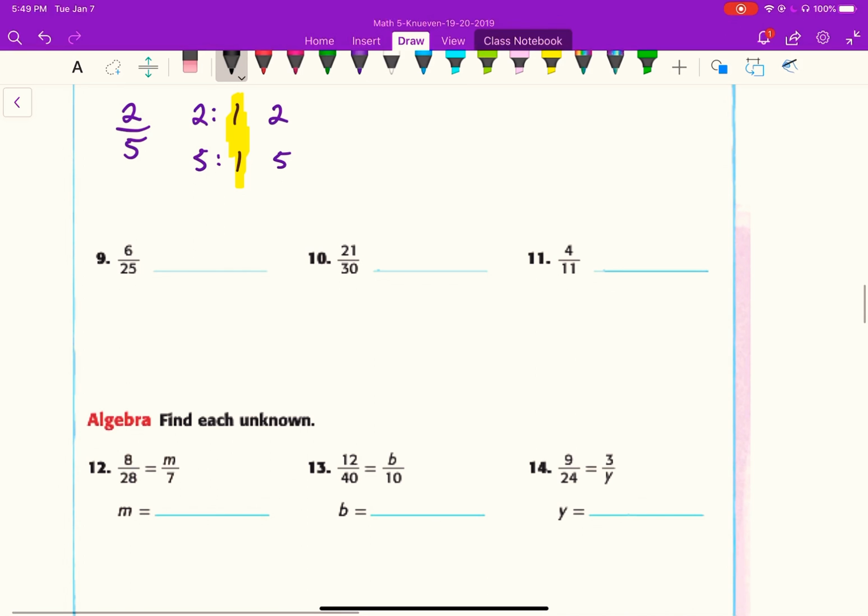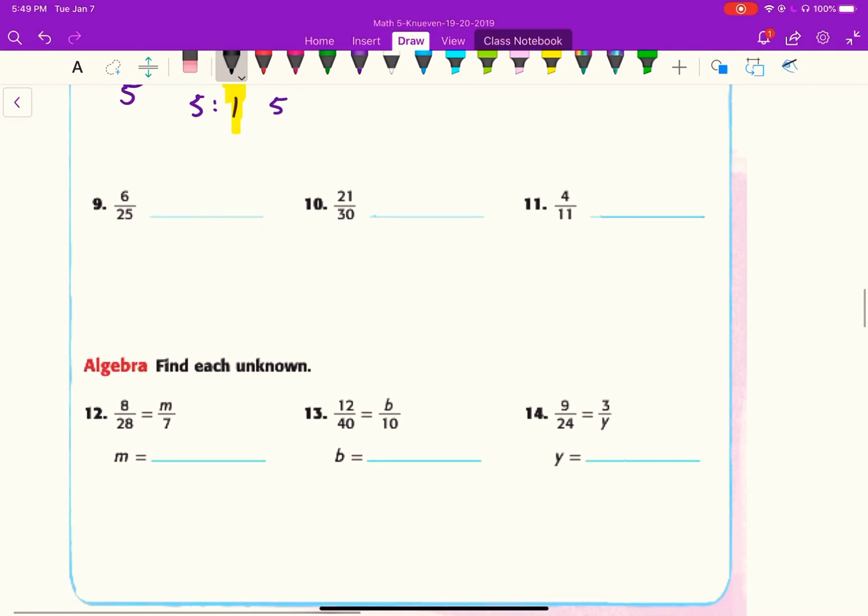And let's look down to 6/25. Well, 6 can be made up of 1 and 6, and 2 and 3. 25 is 1 and 25, and 5 and 5. So the only common factor they share is, again, 1. So these are simplified.